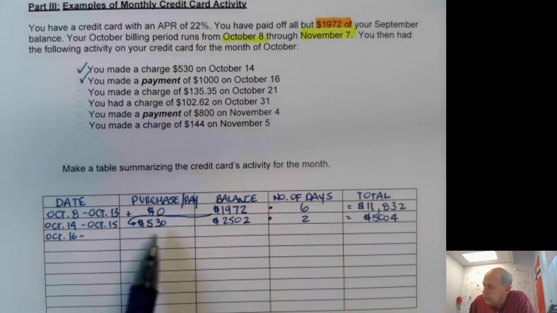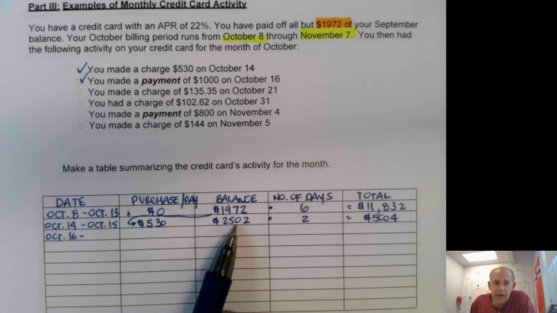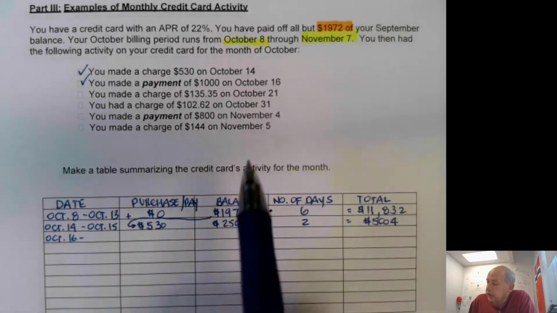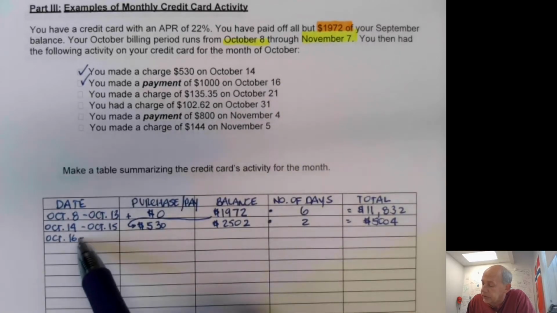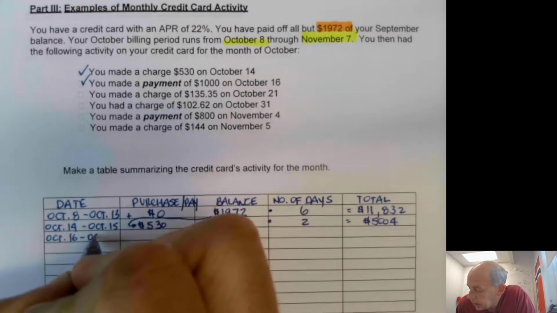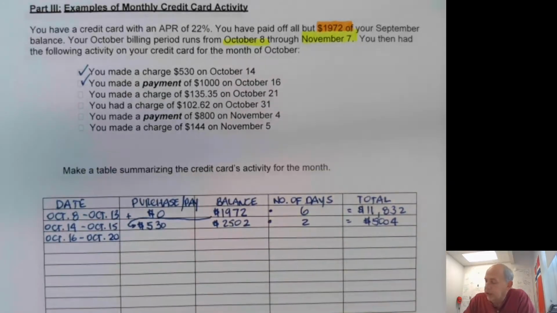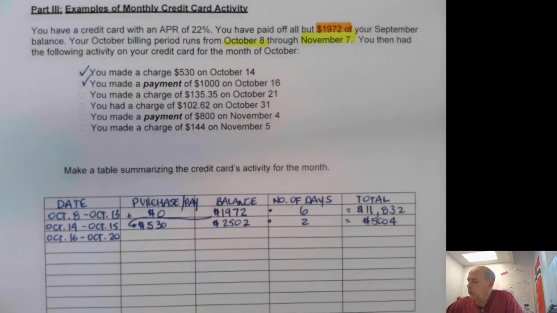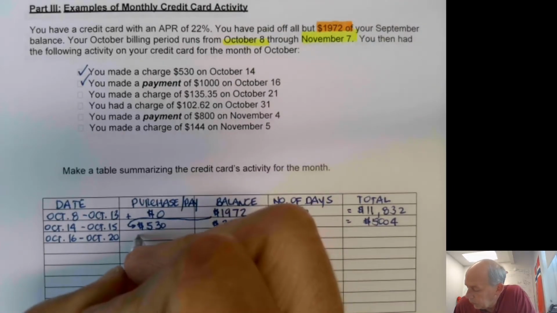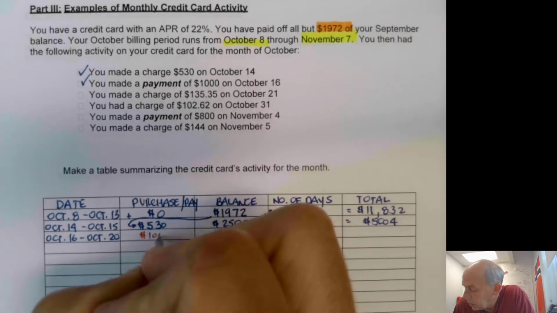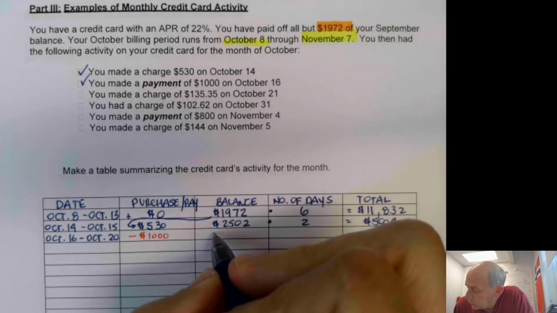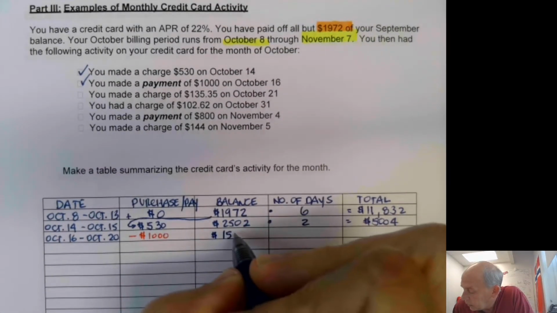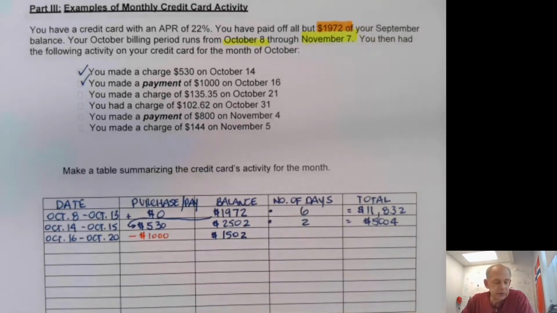Now, the next time we did something with our credit card is on October 16th, and we made a payment. We were starting to rack up some serious debt, so we're going to send our credit card company a payment of $1,000 on October 16th. The next time we took out our credit card was on October 20th. That payment of $1,000 is going to take off $1,000 from our balance, and now we have $1,502.